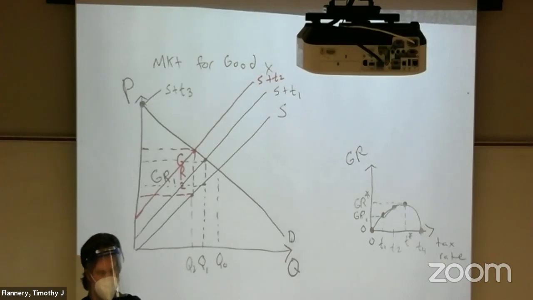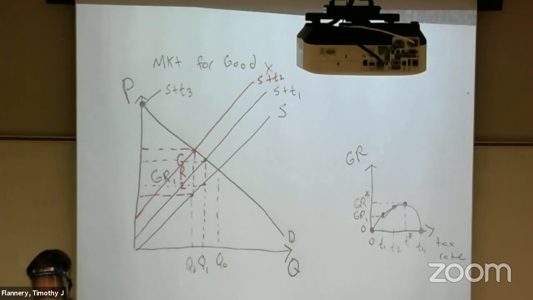Say that again. Right, so a student in the room said it's the maximum what? So this is the maximum government revenue.